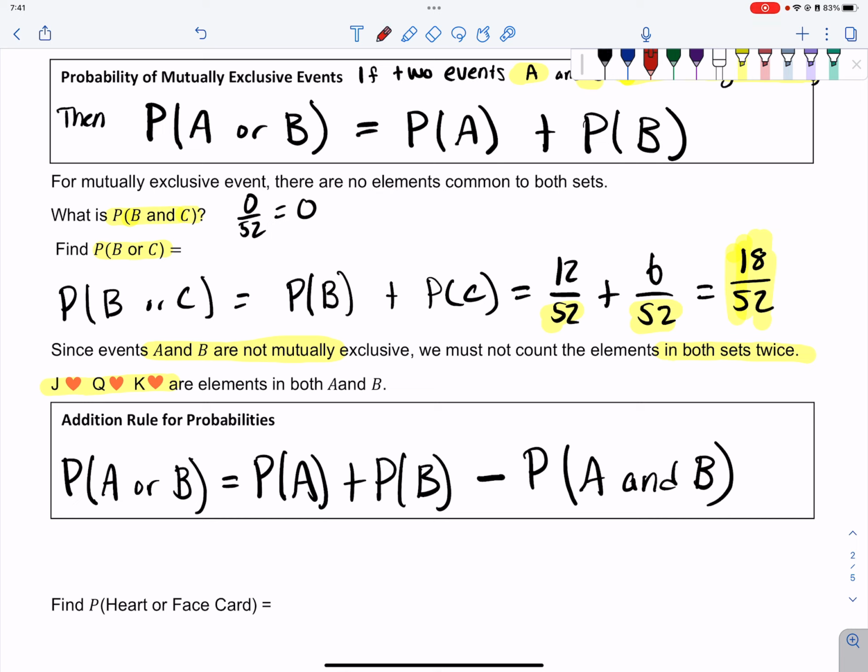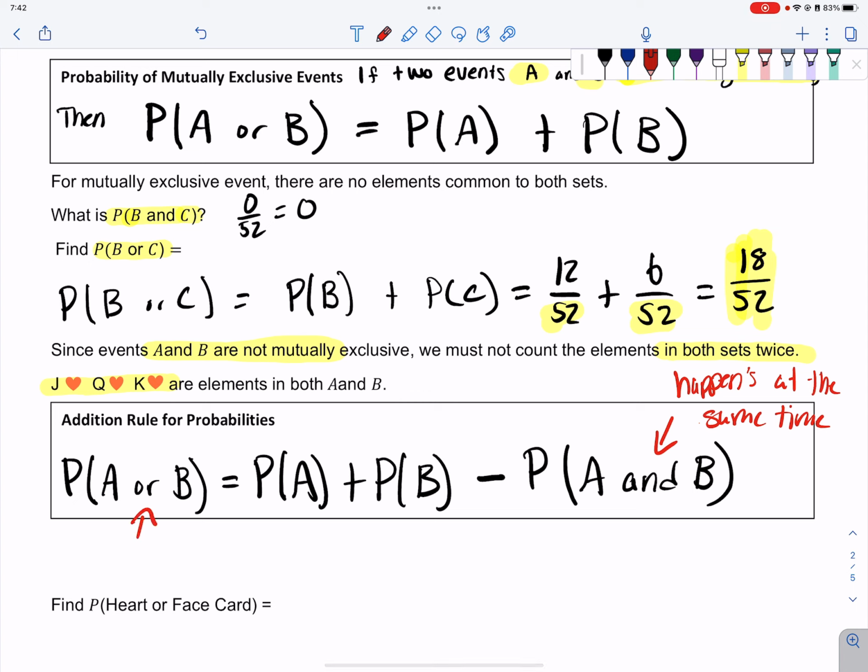So I want to spend a little bit of time here going over the difference between "and" and "or." The "and" statement here, probability of A and B, is telling us that they happen at the same time. So when we draw that one card, it needs to satisfy both of those 2 conditions within that one card that we get.